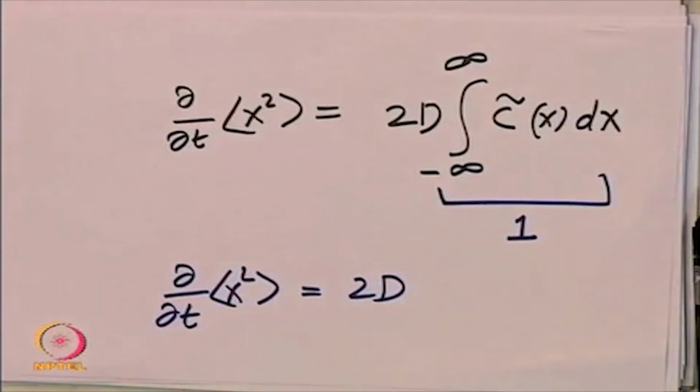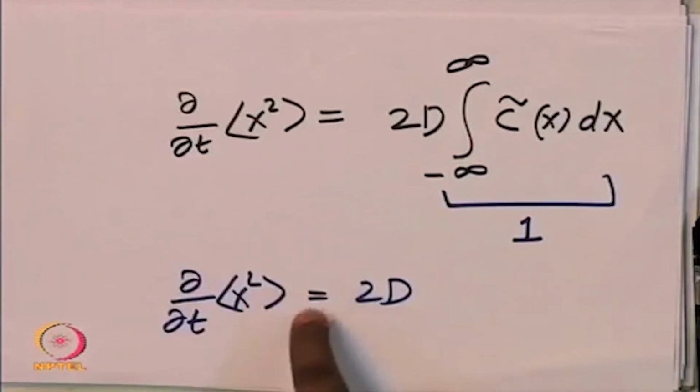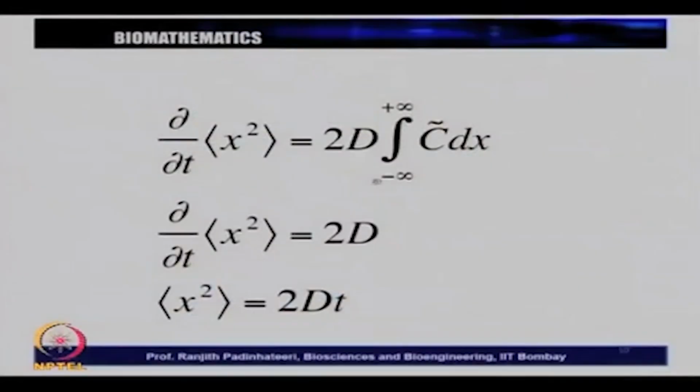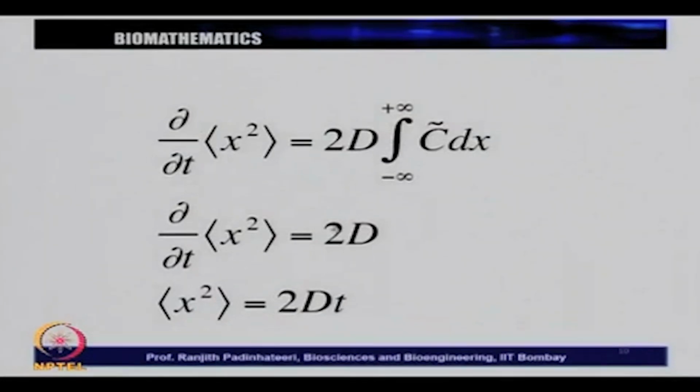So, what do we have? Del by del t of x square average is 2d. Now let us integrate both sides and see what we get. Since integral c tilde of x dx is 1, we have del by del t of x square average as 2d.